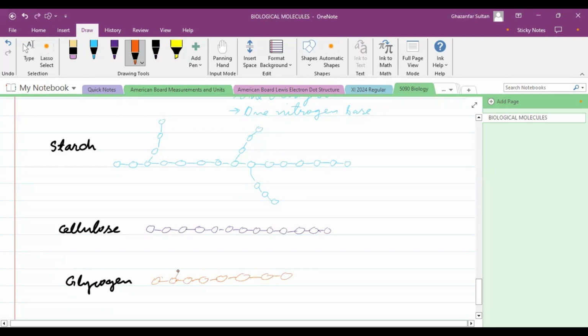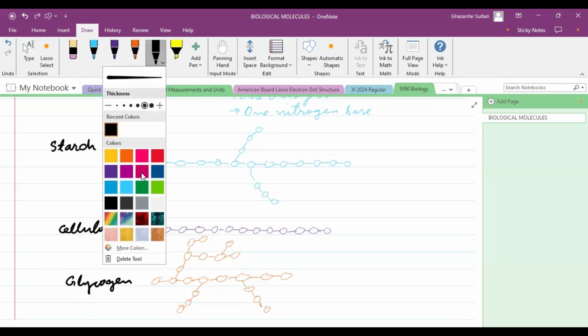Branch points are very close to each other, and further branching is also possible. So when digestion occurs, these bonds in between these sugar units, these different sugar units, are broken. I should mention it as well.